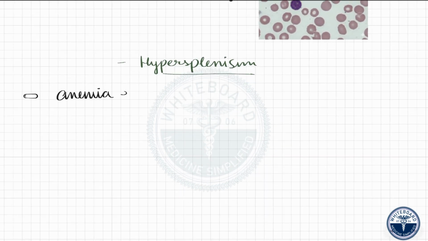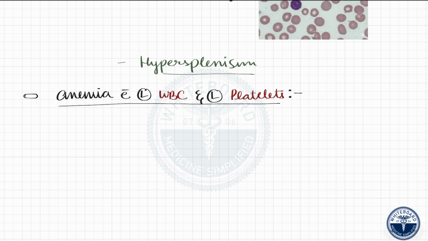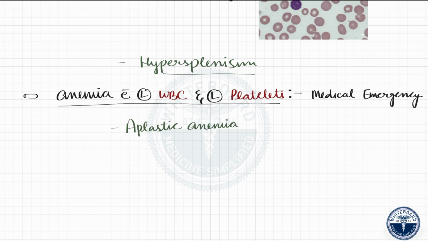When anemia occurs with low WBCs and platelets, that is pancytopenia, this is a medical emergency requiring urgent evaluation, typically with bone marrow aspiration and biopsy. Aplastic anemia is characterized by hypocellular marrow, meaning the factory is shut down and cannot produce enough of any cell line.